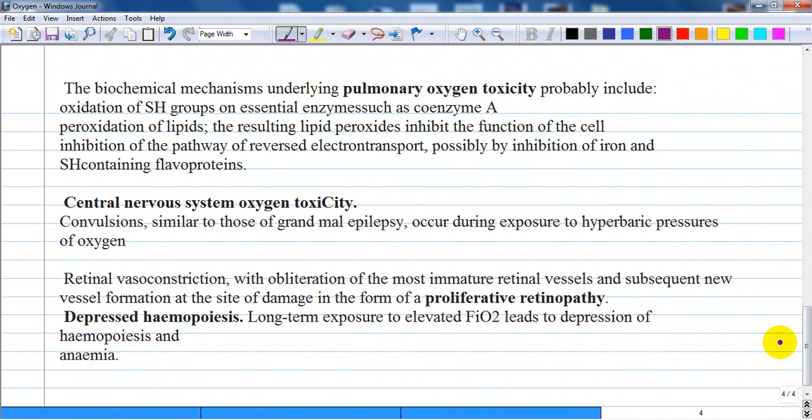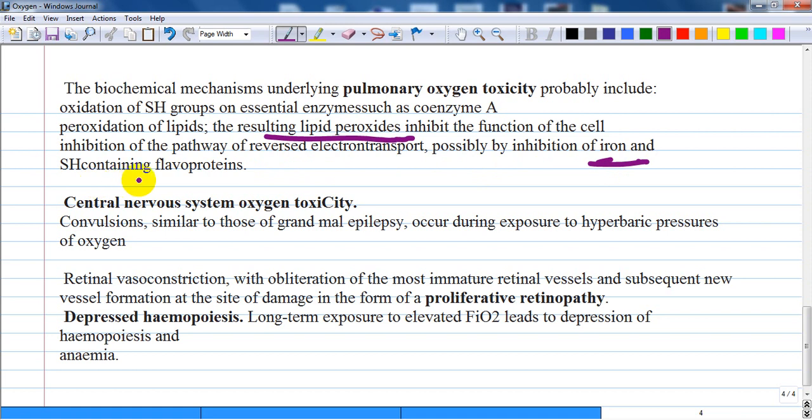Biochemical mechanisms underlying pulmonary toxicity: oxidation of SH groups on essential enzymes such as coenzyme A, and peroxidation of lipids resulting in lipid peroxides, which inhibit the function of the cells. Also, inhibition of the pathway of reversed electron transport, possibly by inhibition of iron and SH containing flavoproteins.